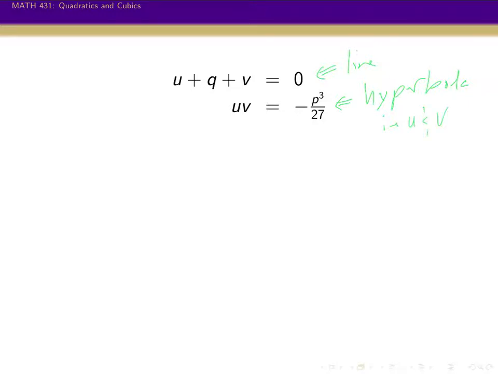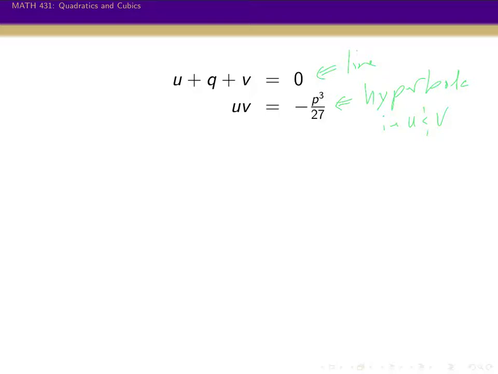And so if you think about the graphs of a line and a hyperbola, in general, a line will cross a hyperbola twice. And so it should be pretty straightforward at this point to get solutions. So how are we going to get solutions here? Well, there's lots of ways we can go.